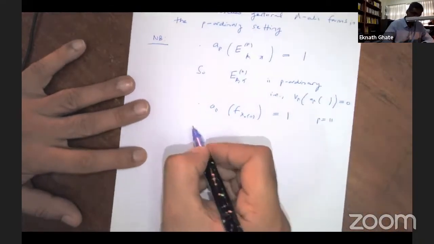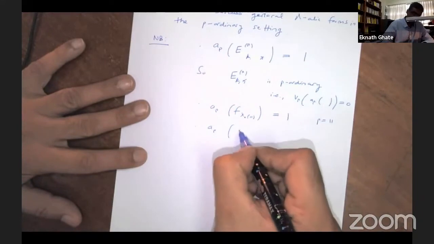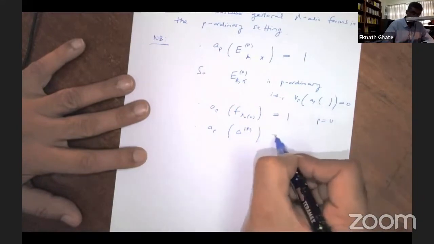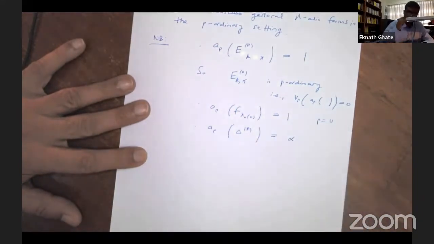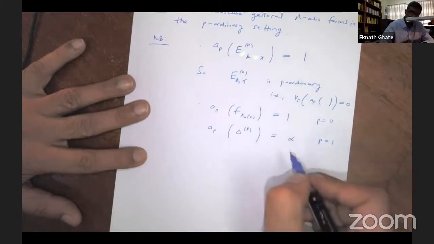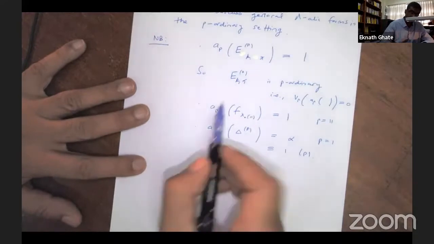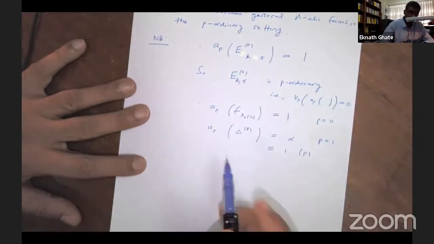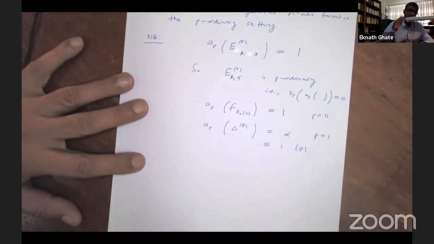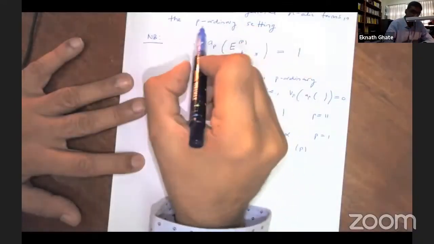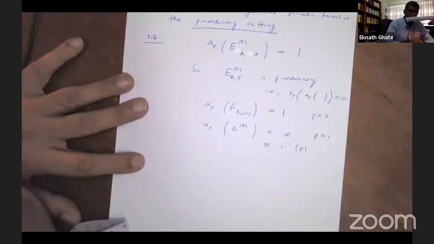And the 11th Fourier coefficient of the p-stabilized delta function was alpha, which is congruent to 1 mod p. So all these things are p-adic units. And if we want to construct lambda-adic forms in some generality, then we will be constructing them only for p-ordinary classical modular forms. That is the important thing in the p-ordinary setting.